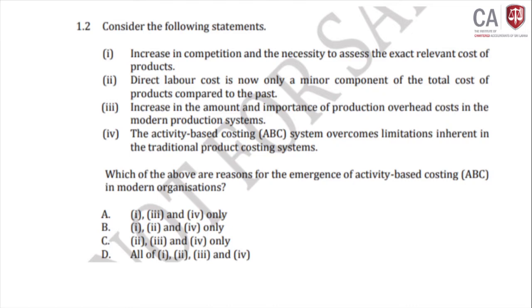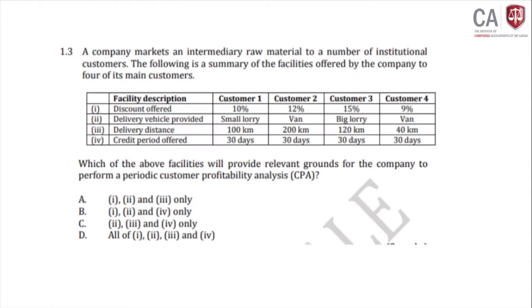Therefore, accuracy is more. You overcome the limitation of inaccurate product costing of the traditional costing system through activity-based costing. Therefore, all are correct. The answer is all of 1, 2, 3 and 4. So that's a little bit about ABC.